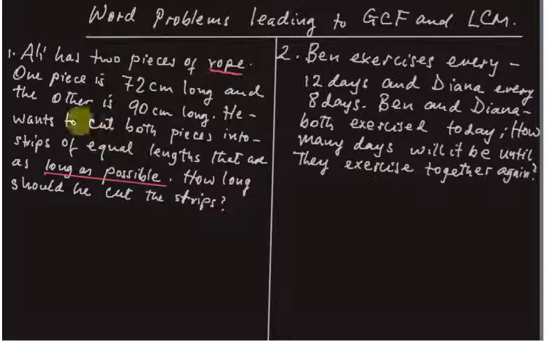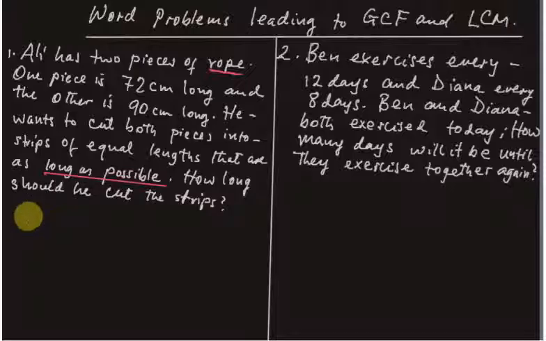Okay, now if you look at this problem, Al has two pieces of rope. One piece is 72 centimeter long and the other is 90 centimeter long. He wants to cut both pieces. So he cuts, in other words, he divides into smaller pieces, which means those pieces are factors.